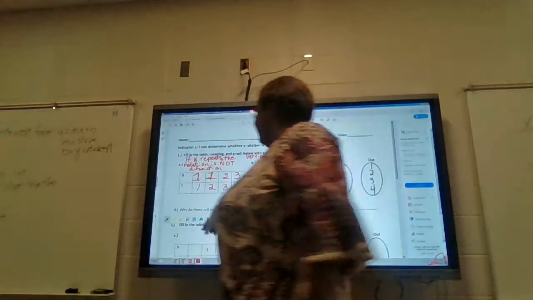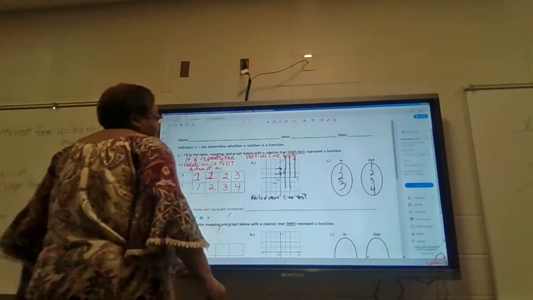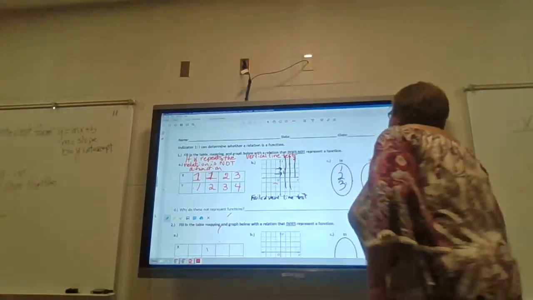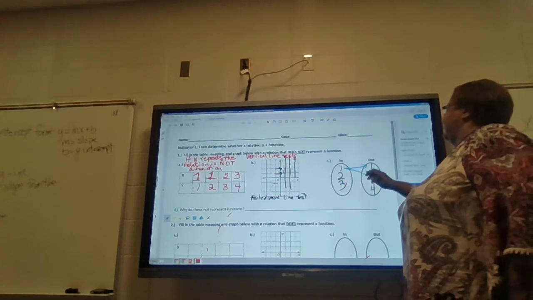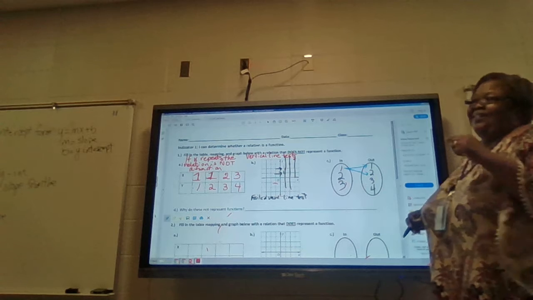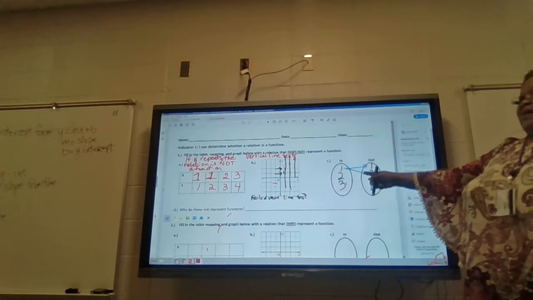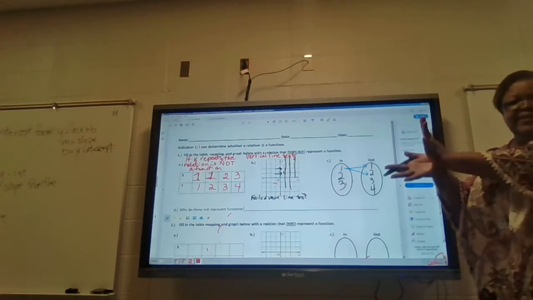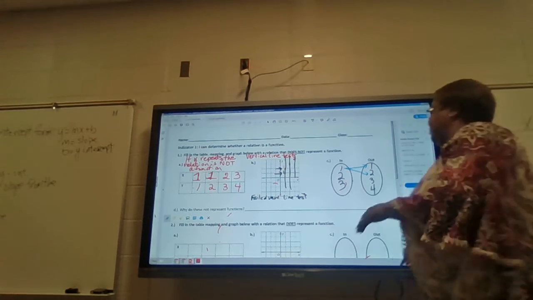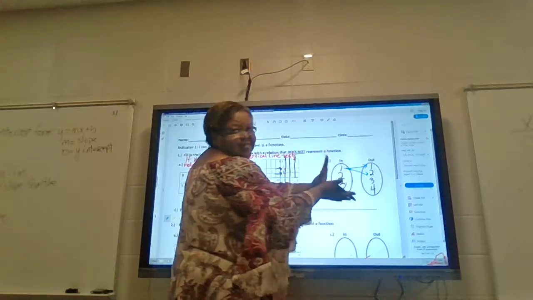I'm going to change colors. Blue, that's fine. So I have 1 going to 1, and I also have 1 going to 2. That right there, I call the crocodile mouth or the alligator mouth that opens up like that, the other way, like this.